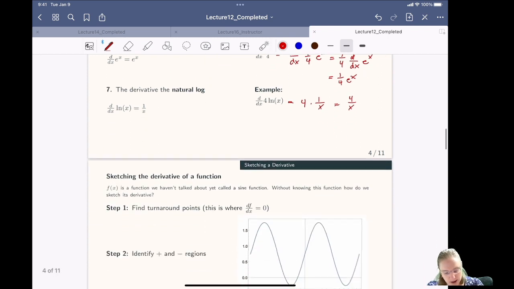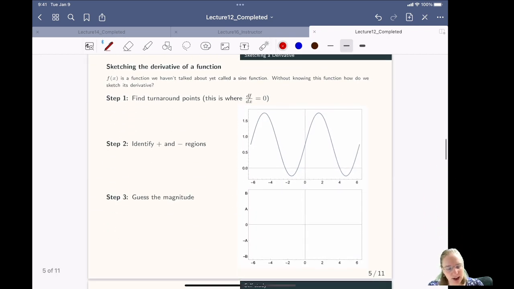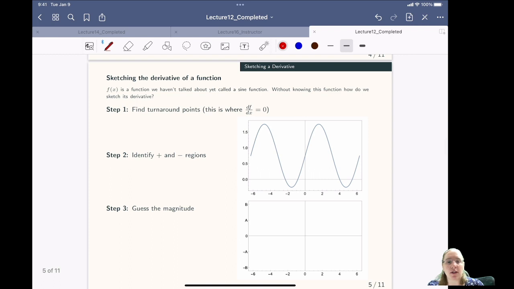All right. So now, how do we actually sketch the derivative of some function? I've told you the derivative of a particular set of functions, but what if we have some function like this sine wave here? We haven't talked about sines and cosines in this class, so how would we sketch the derivative of this function without actually knowing how to take the derivative?